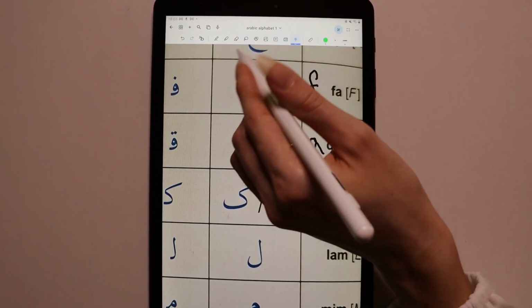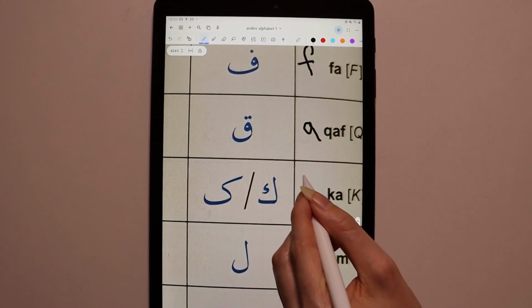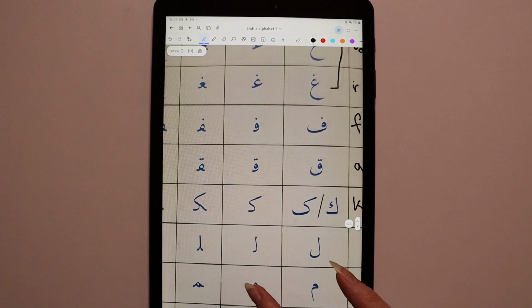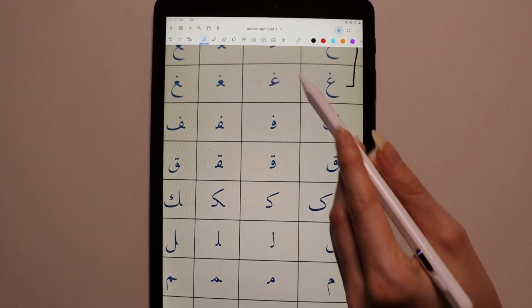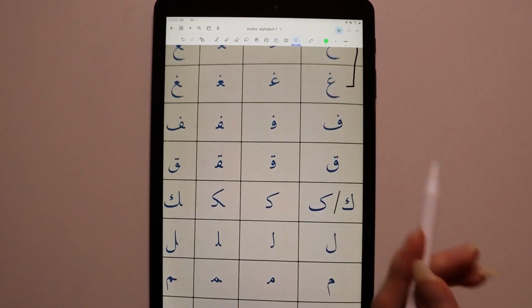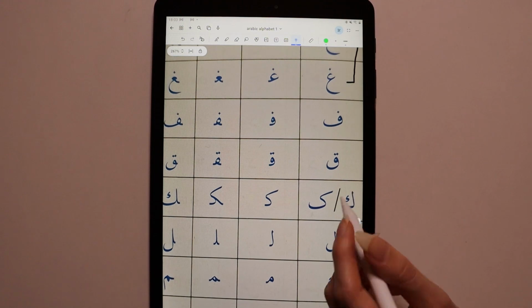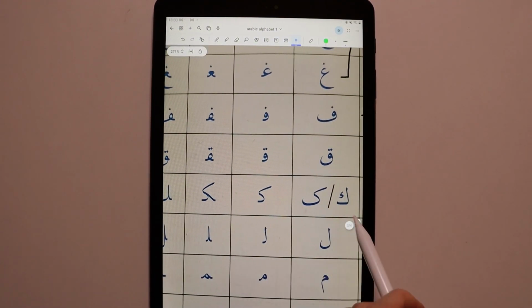Then we have the kaf, and this is like a K in English, kaf. This is also, together with the seen, one of my favorite letters when I first started learning Arabic and writing it. At the end it looks just like the isolated form.